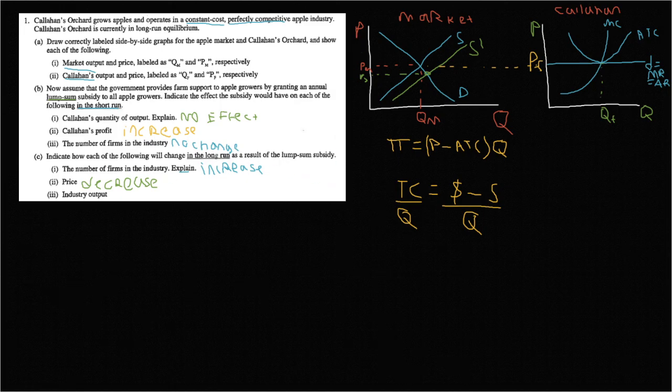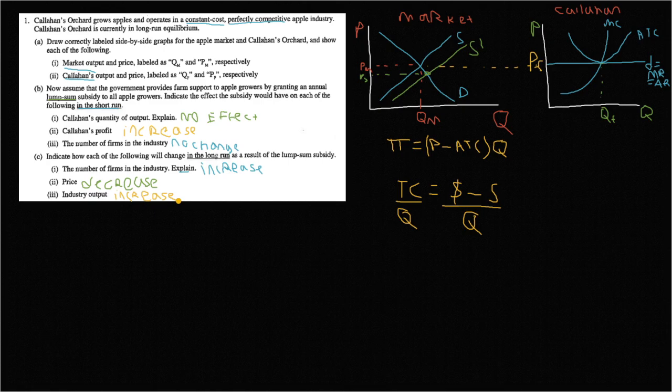Alright, industry output. This one is fairly self-explanatory. There's more people, so there's going to be more stuff that they're selling. That's it. There's more people in this market.